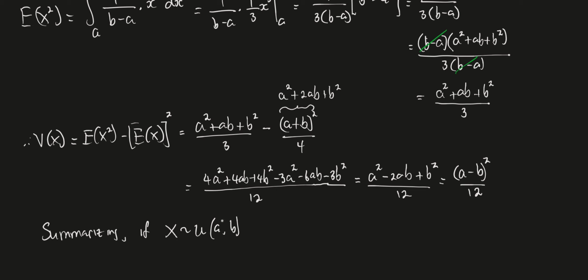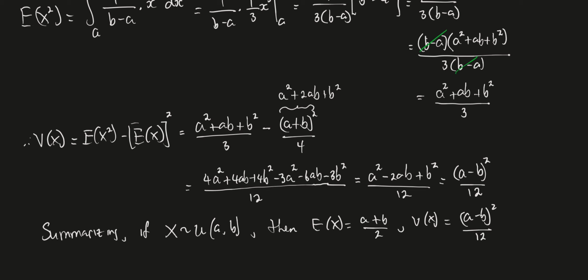It's that 1 over b minus a. So we'll say then the expected value of x is simply a plus b over 2, and the variance of x is equal to a minus b squared over 12.